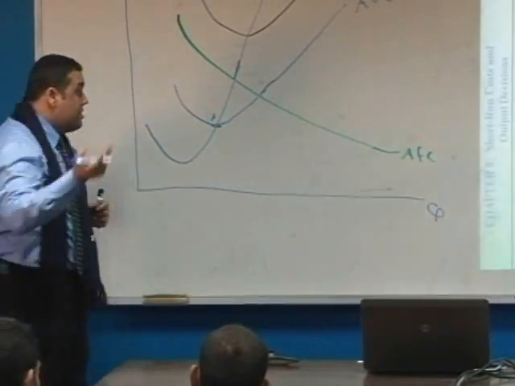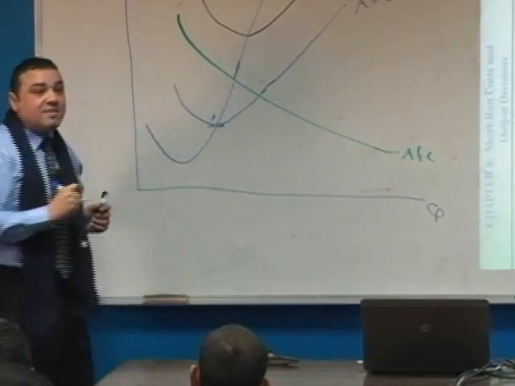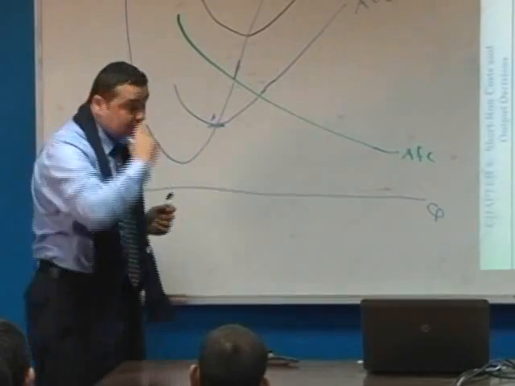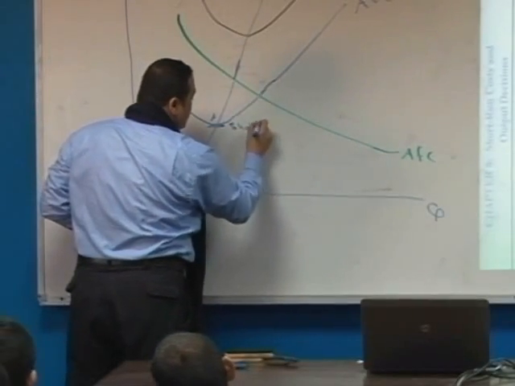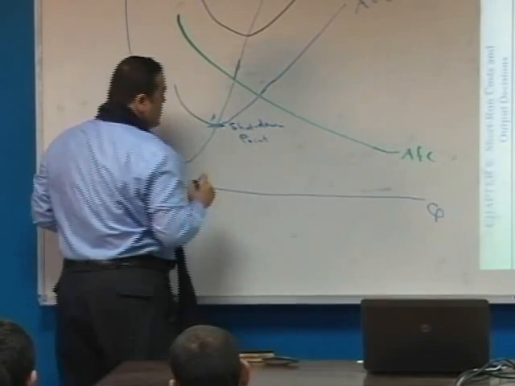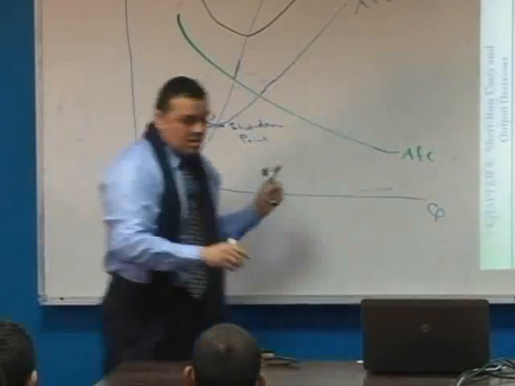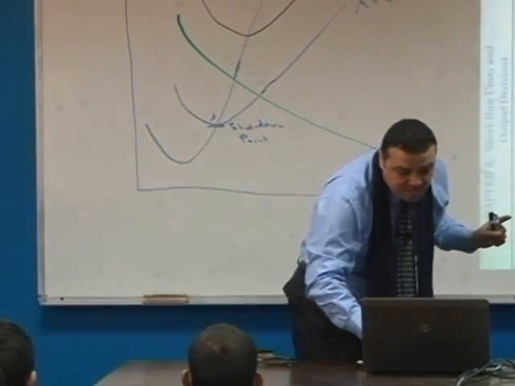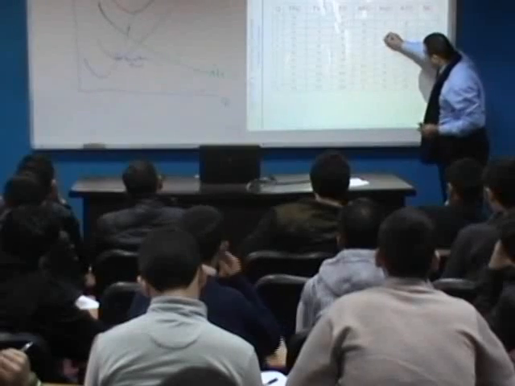Right? The minimum point of AVC is called the shutdown point. This point, point A, is called the shutdown point, which is the minimum of the AVC. Where is the minimum of AVC in this information? The minimum AVC is 3.